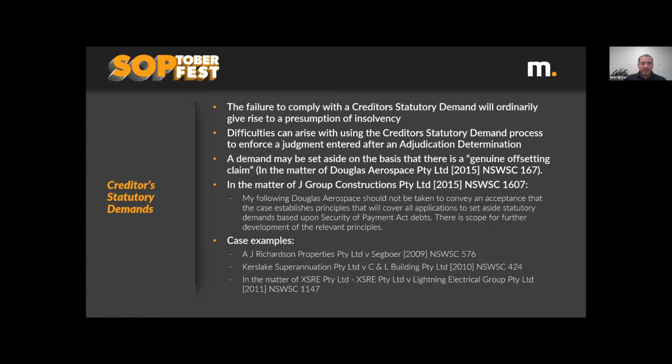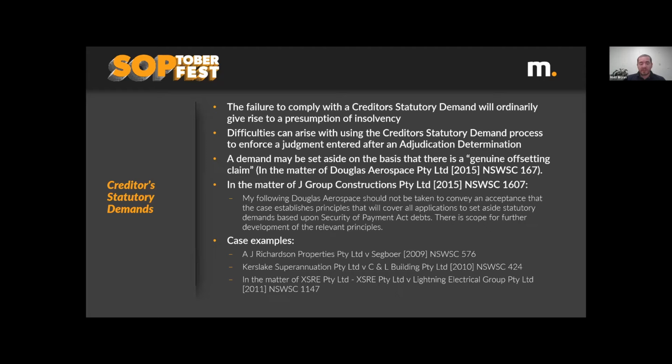The first one, AJ Richardson Properties and Segbor, was a case where an adjudicator had issued a determination in February of 2009 requiring the respondent to pay about $270,000. The respondent wanted to make a submission to the effect that it had overpaid the claimant to the tune of about $10 million.